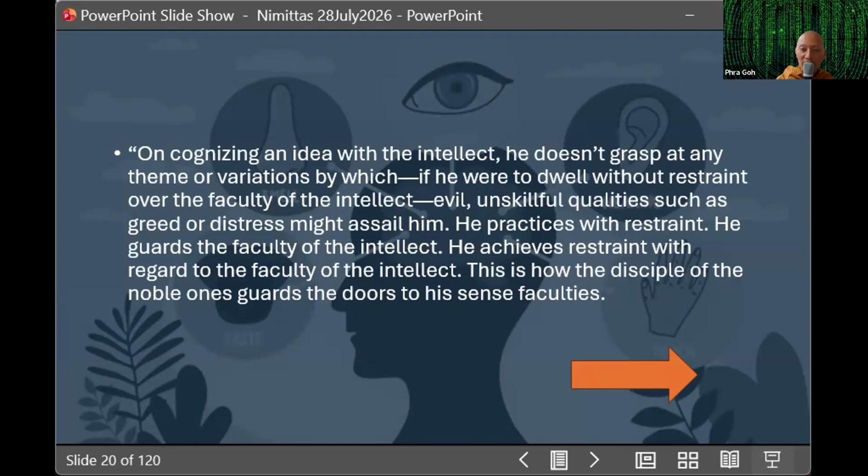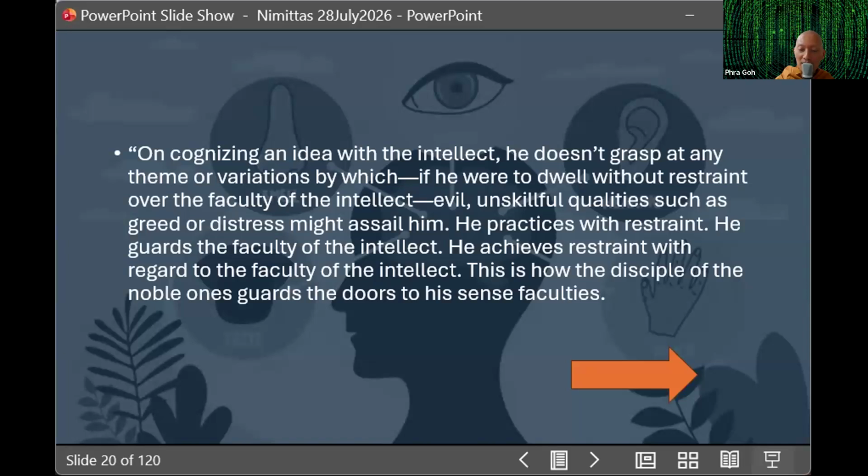So the previous five sense doors are mentioned, like the eye, ear, nose, tongue, body. It mentions here, if a person were to pay attention to any of the sense contact without any restraint, without proper reflection, without guarding the senses, then it is a condition for unskillful qualities, such as greed or anger, to arise.